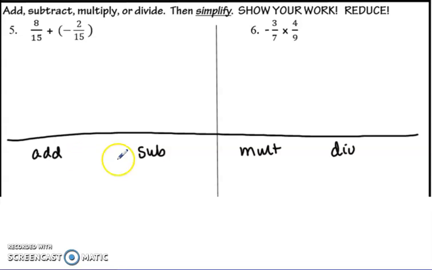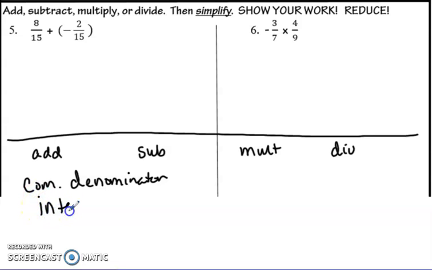So when you go do these, you may have to worry about integers, like I'll have to worry about integers with this one, but I need to have a common denominator. I do not need to worry about common denominators with these guys. Okay, and you may have integer issues on all of these, so you have to still worry about those negatives. Okay, so integers is still an issue.